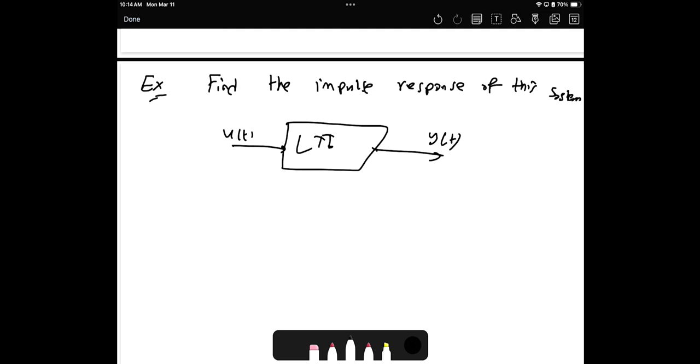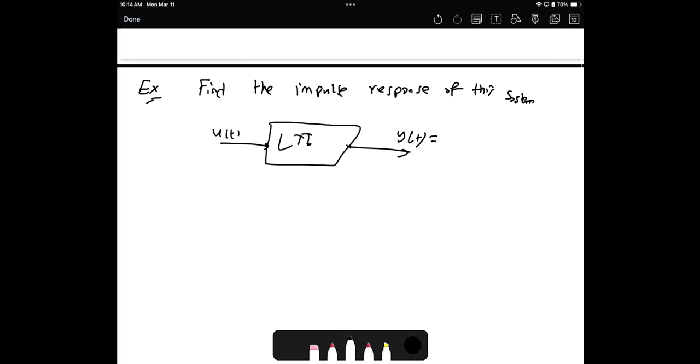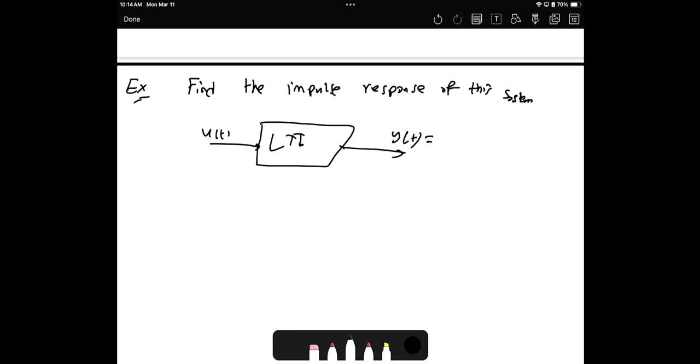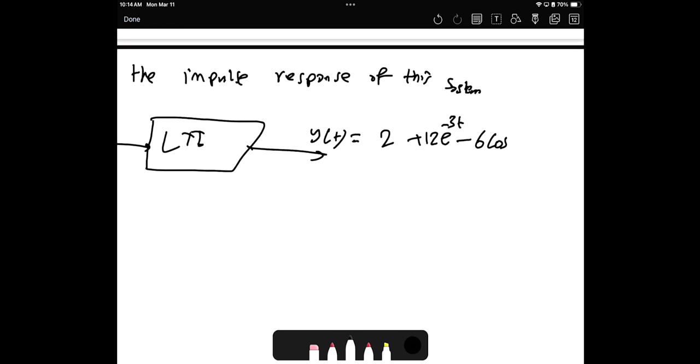So the output y of t equals 2 plus 12 e power negative 3t minus 6 cosine 2t, all of it times u of t.